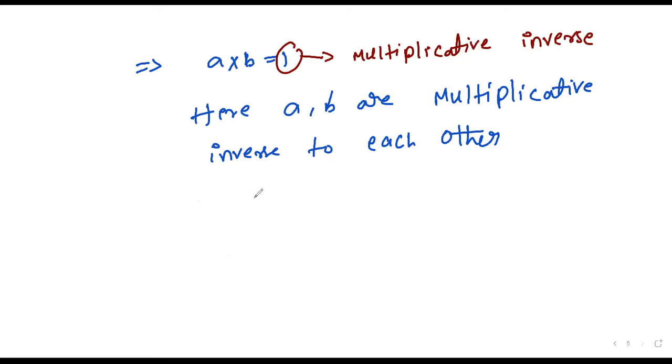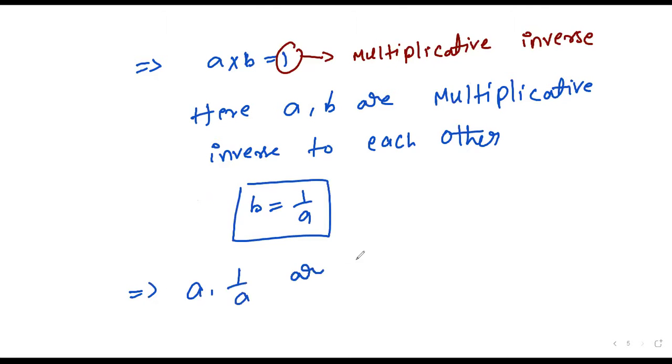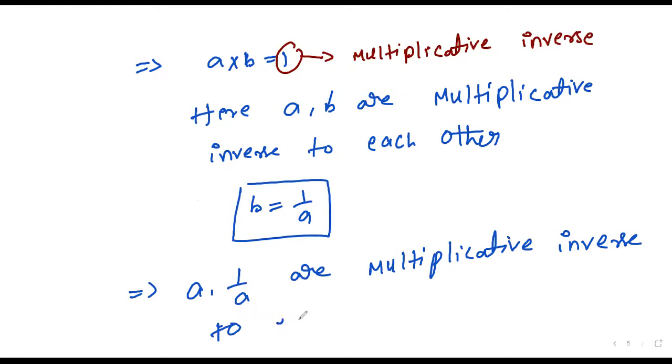So here B is nothing but 1 by A. So A comma 1 by A are multiplicative inverse to each other.